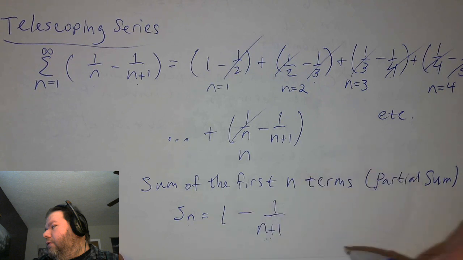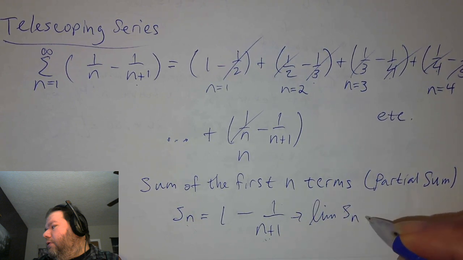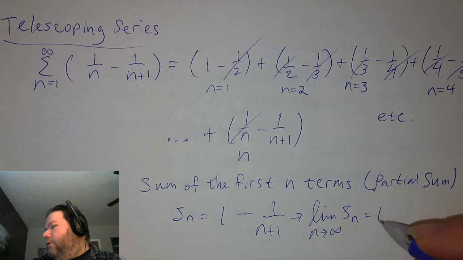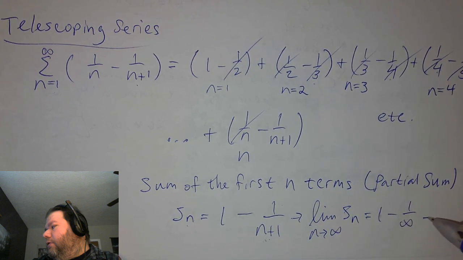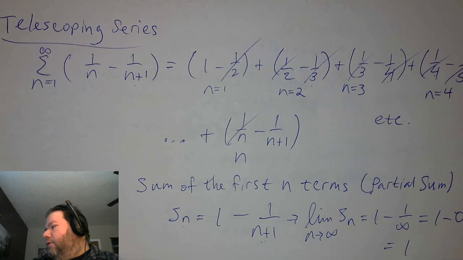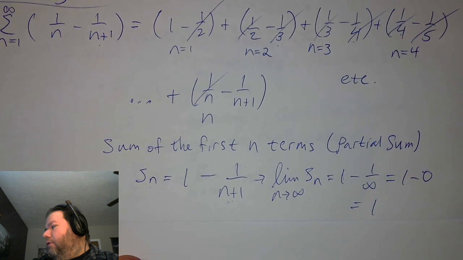Okay? So the limit of S sub n as n goes to infinity is 1 minus 1 over infinity, it's 1 minus 0, it goes to 1.